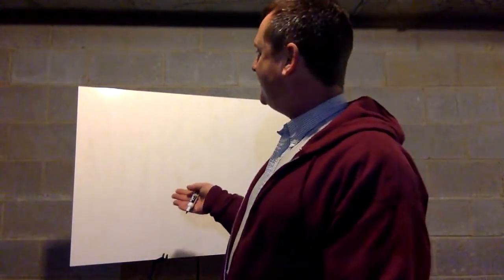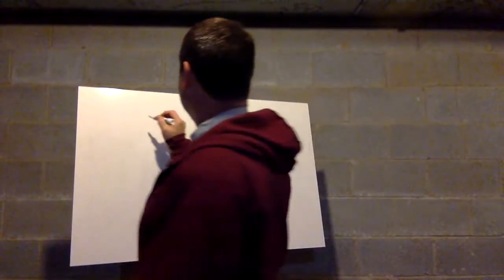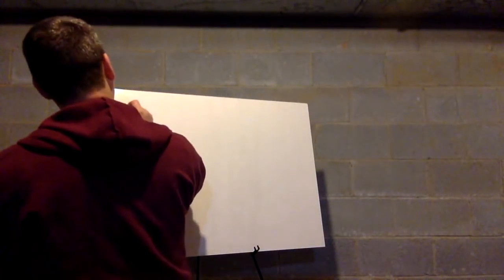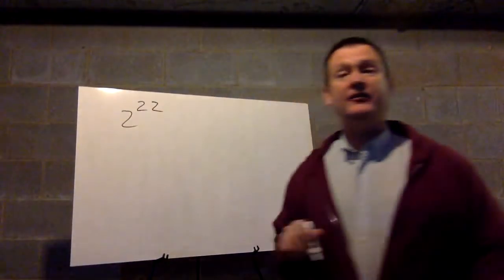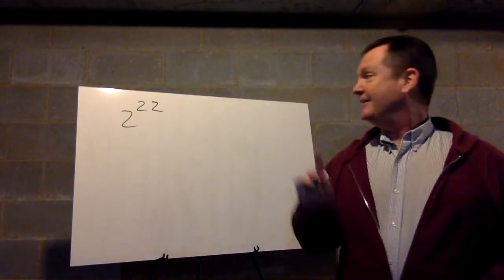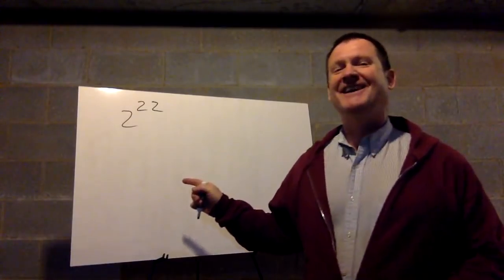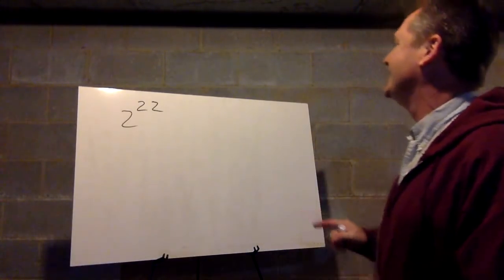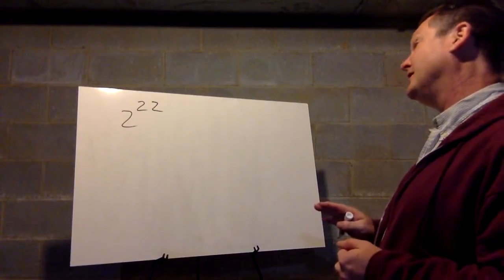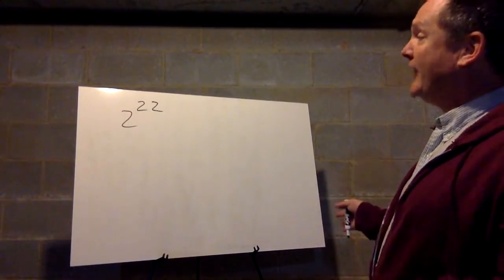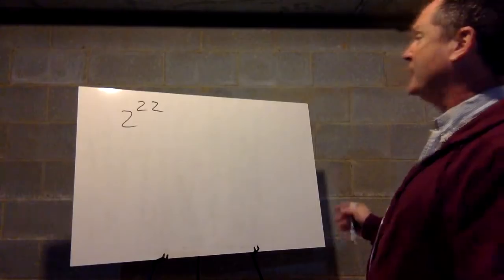Let's say it's got a logical address space of 2 to the 22 bytes. That's how many different addresses a process can access.